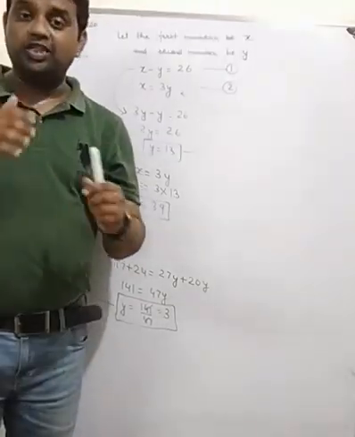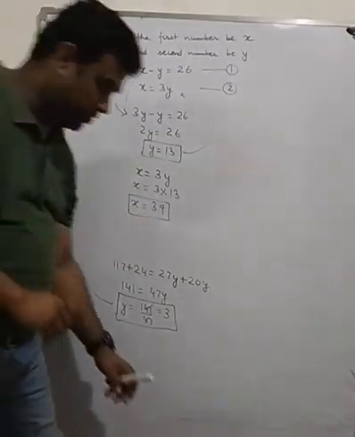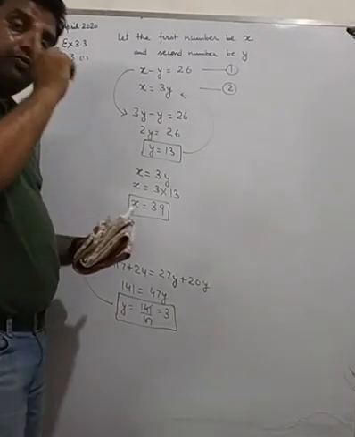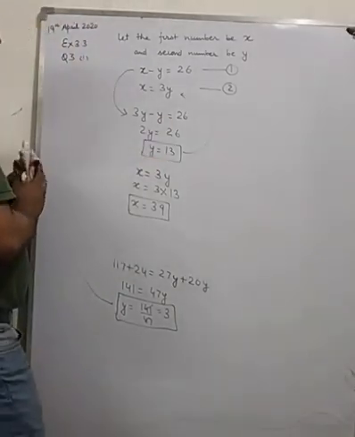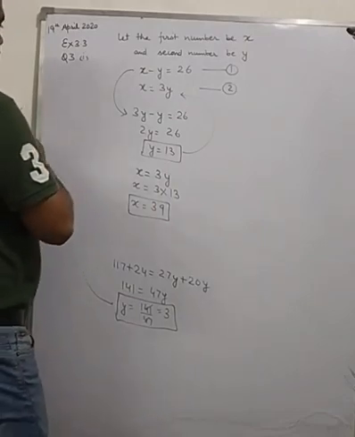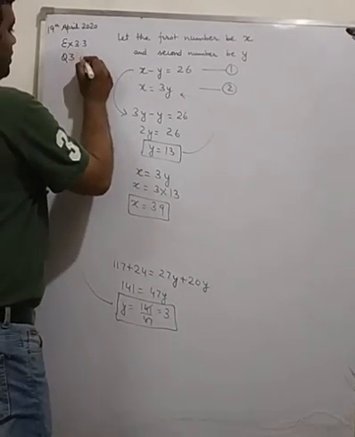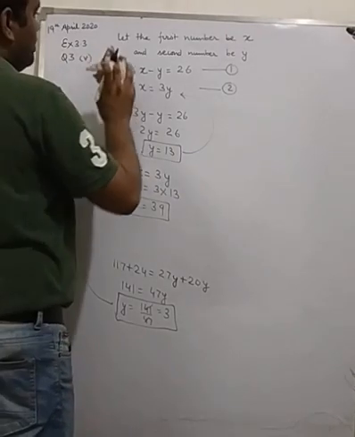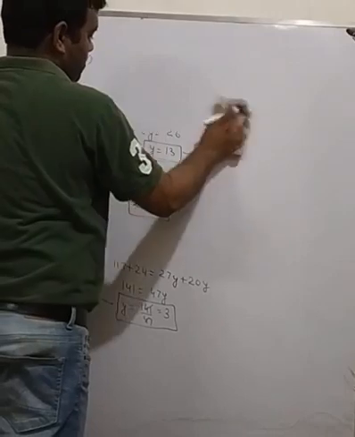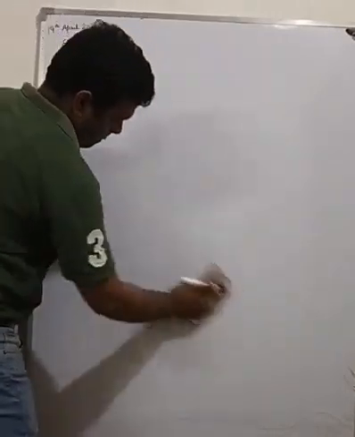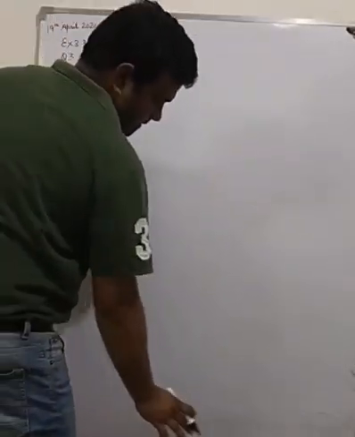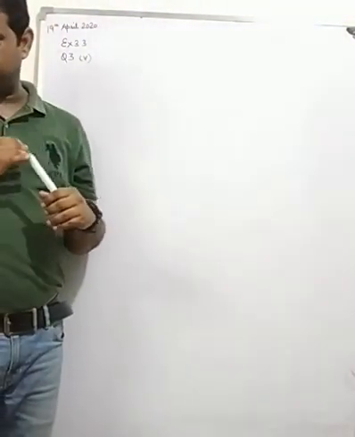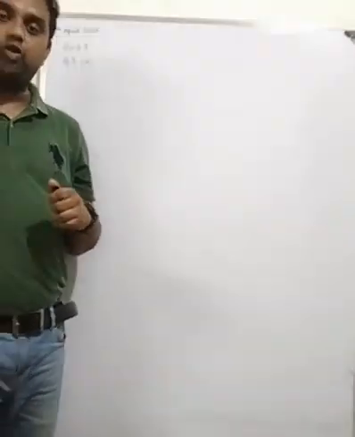Now the last question for today is question number 5, fifth part, and the question says a fraction becomes 9 by 11 if 2 is added to both numerator and denominator.